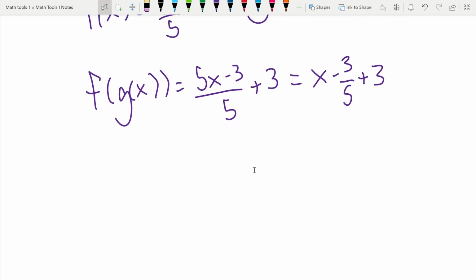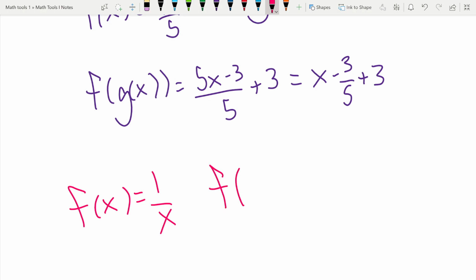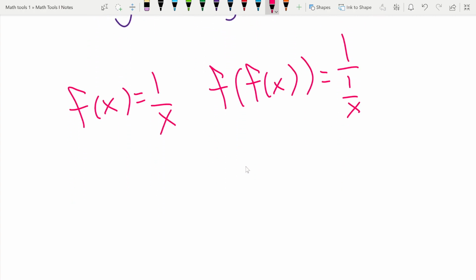So one interesting case that I mentioned before is f of x equals 1 over x. I mentioned that it's its own inverse, so let's show that it's its own inverse. Okay. So f of f of x, this is going to be f of 1 over x. Okay. So we've got to be comfortable with our fraction properties here. 1 divided by 1 over x.